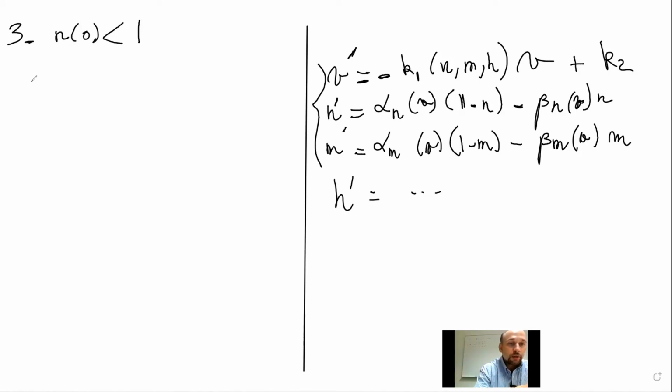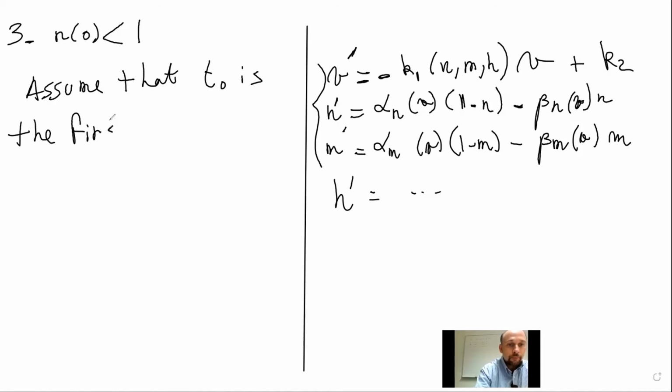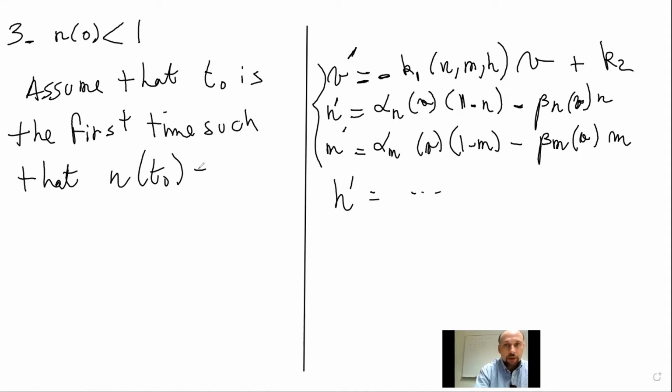So assume that t0 is the first time such that n of t0 equals 1.